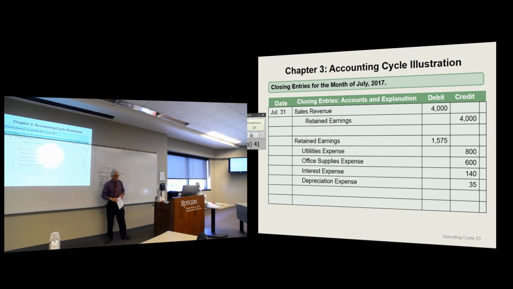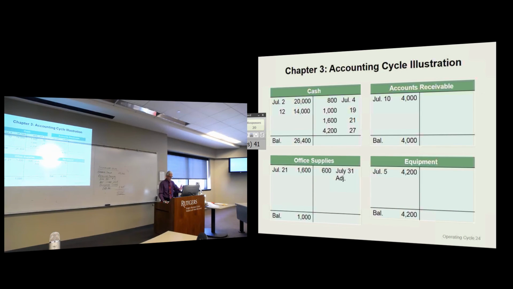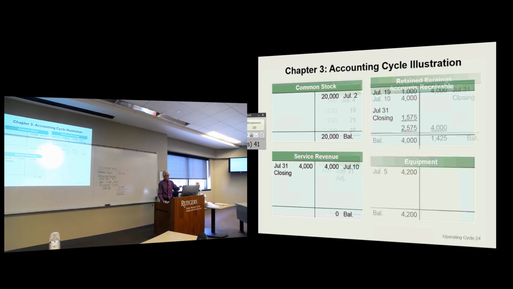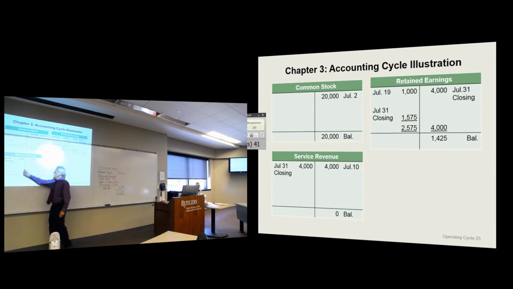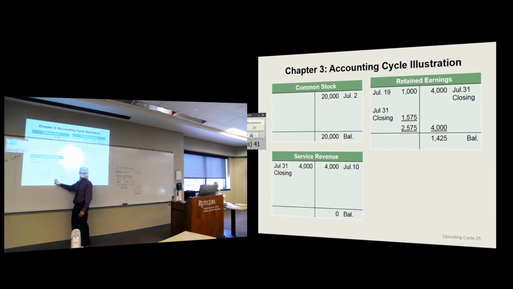So right now, when we go to the ledger, these are balance sheet accounts unaffected. First account that's closed out is service revenue, 0 balance. Once we post the closing entries, you've got a 0 balance.